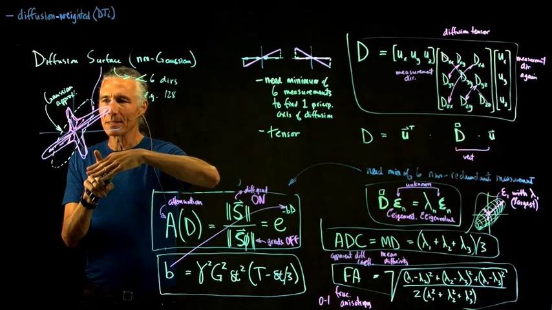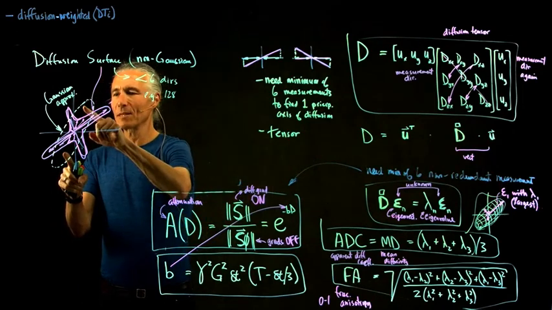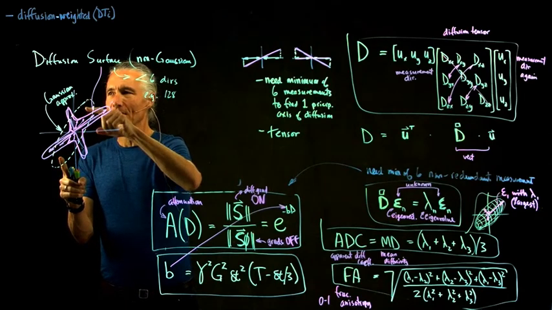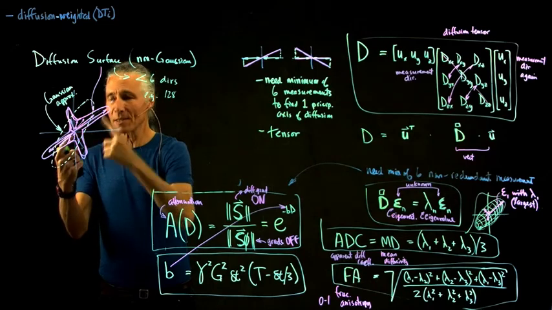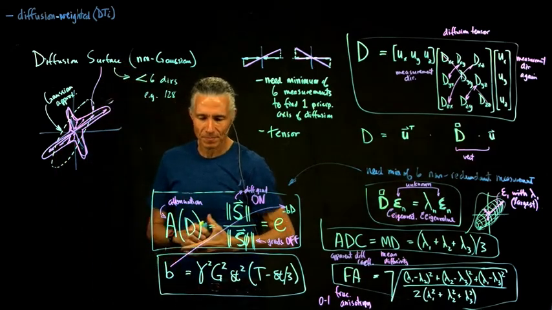In that case 6 measurements is not going to cut it, because 6 measurements only allow you to approximate this with an ellipsoid. So you might have to make 64 or 128 directions just to distinguish 2 real directions of diffusion.